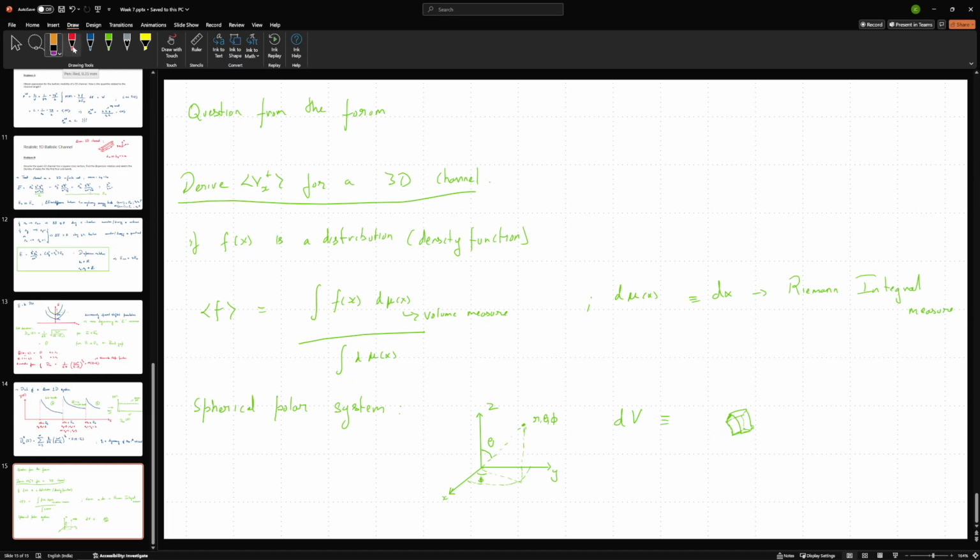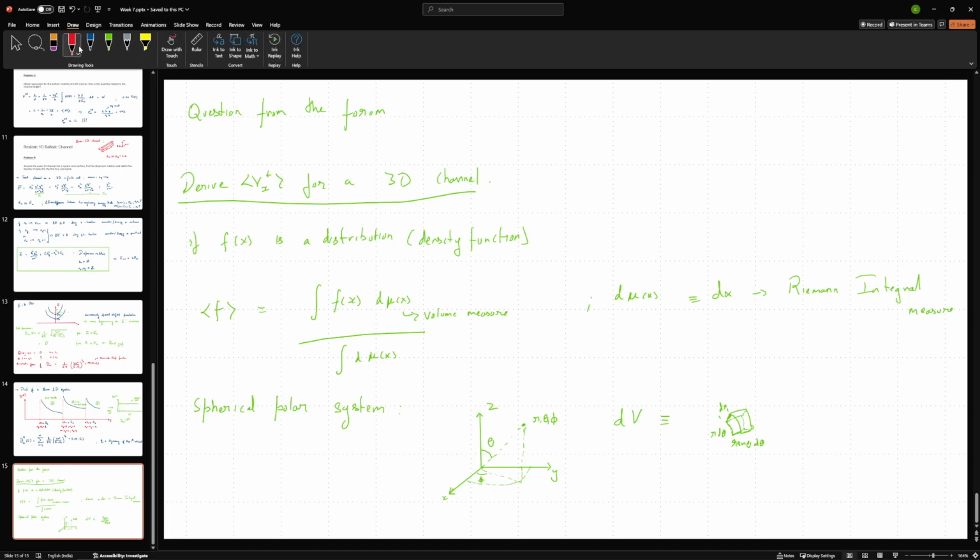Now, what are the dimensions? I can approximately treat it as a cube. Along the radial direction, this is going to have length dr, which is an infinitesimal increase in the radius. This arc length is r d theta. And this length is going to be r sine theta d phi.